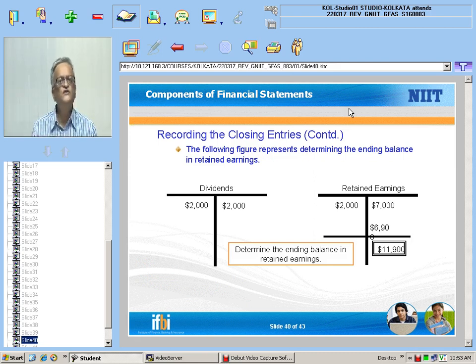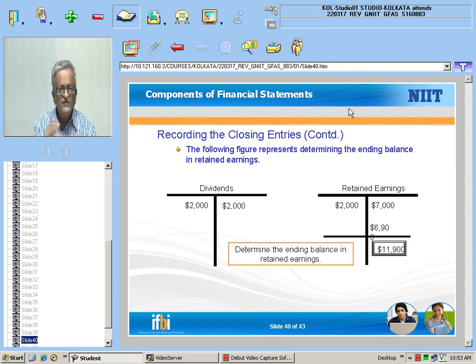So these are the steps that we follow. First, what do we do? First, we debit all revenue accounts and credit income summary account. Next, we debit income summary account and credit all expenditure accounts. So, expenditure and revenue accounts become 0.